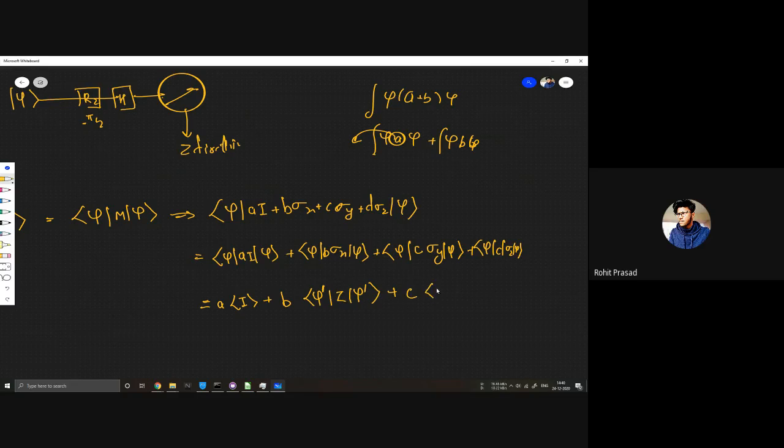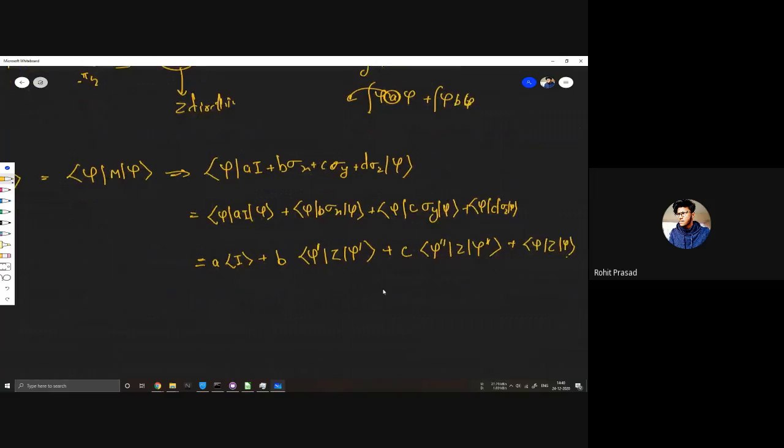Let's call this psi double dash, z psi double dash, plus psi z psi. Okay, so we can do it in this way.